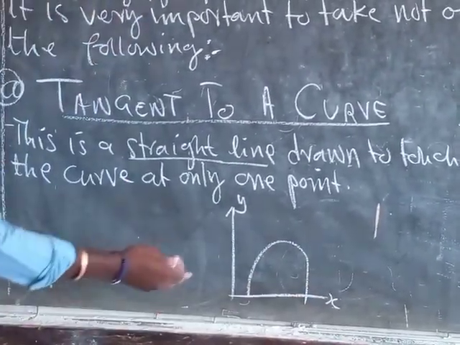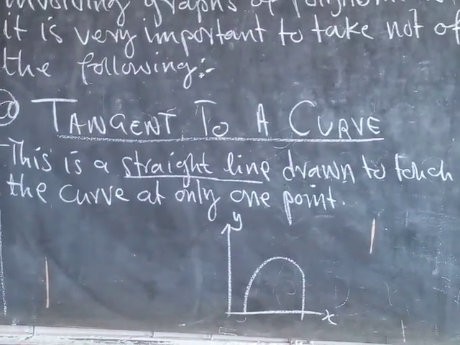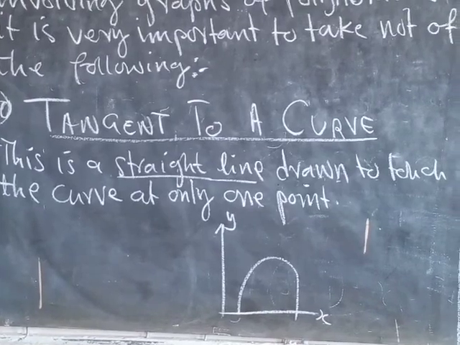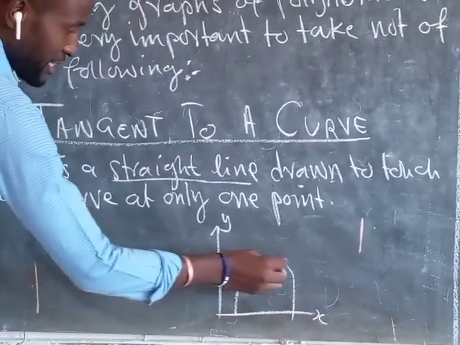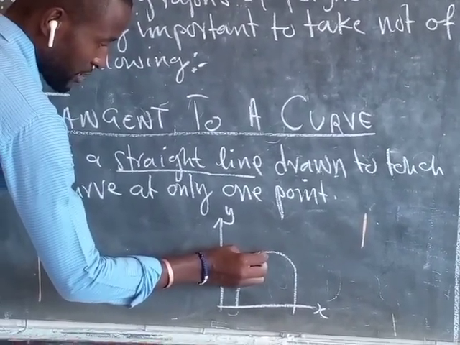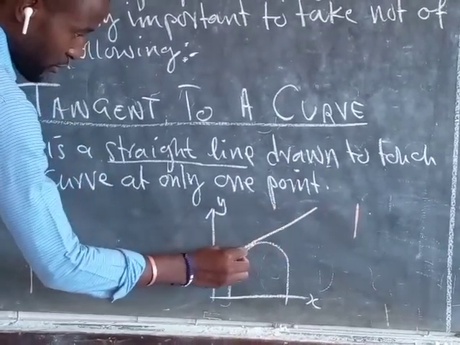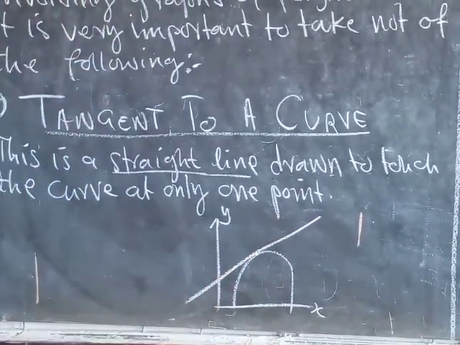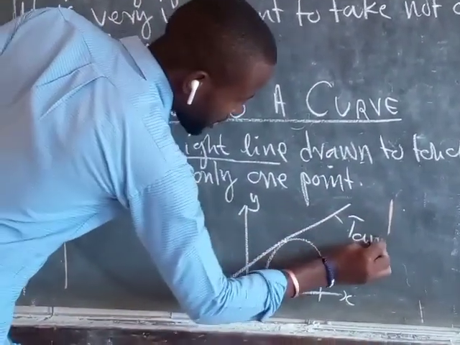We are going to encounter graphs in this format. If you draw a tangent touching at one point, it will be a tangent. Let's say this is a point there. The tangent is a straight line which only touches at a single point of a curve. So this is my tangent.